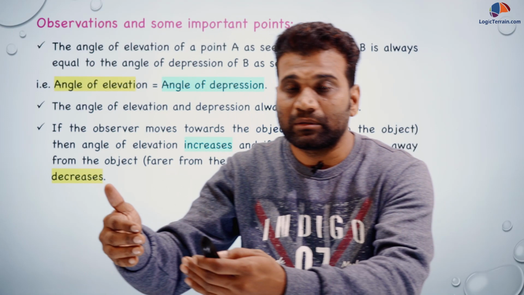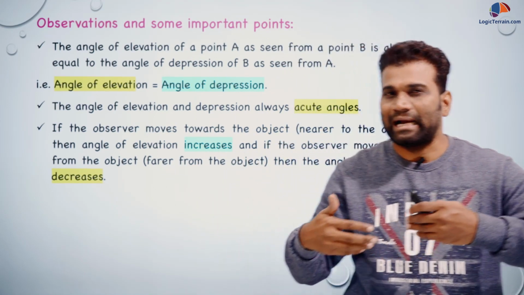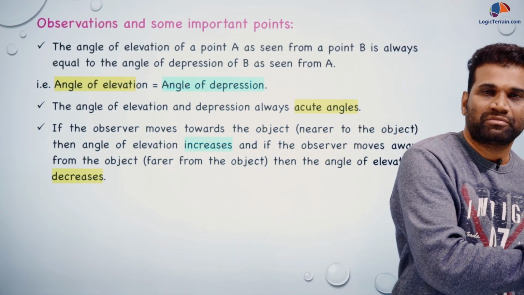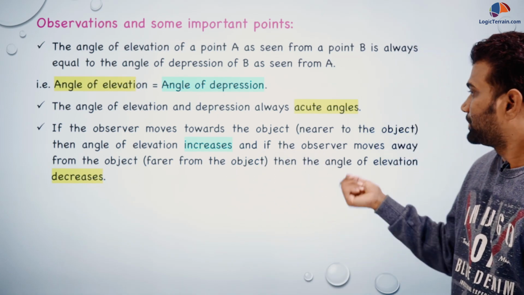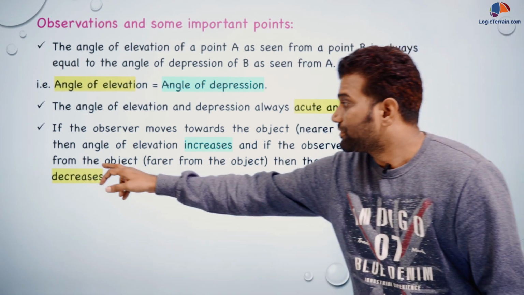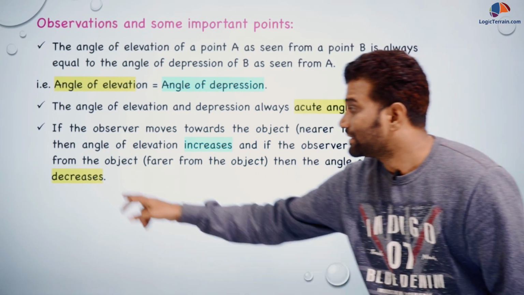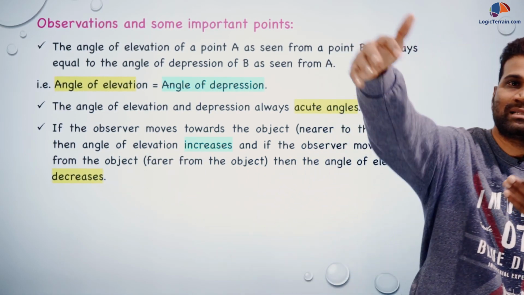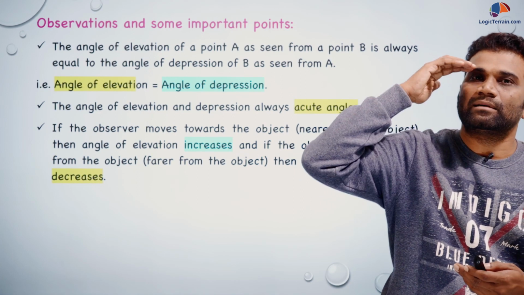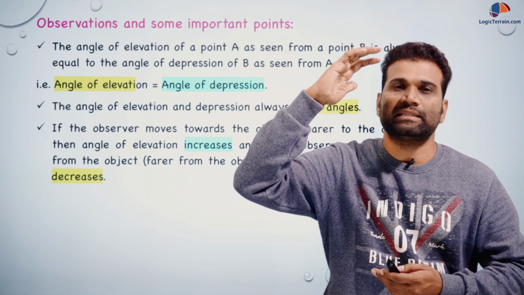If the observer moves away from the object, that is farther from the object, then the angle of elevation decreases. Obviously if you are farther from the object, you can manage with a small rise, right?